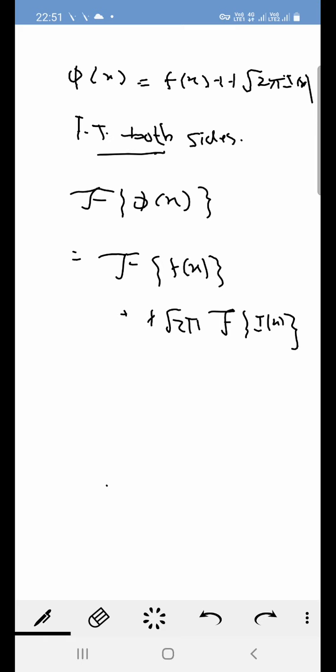So there are three Fourier transforms involved in the equation: this one, first one, second one, and third one.